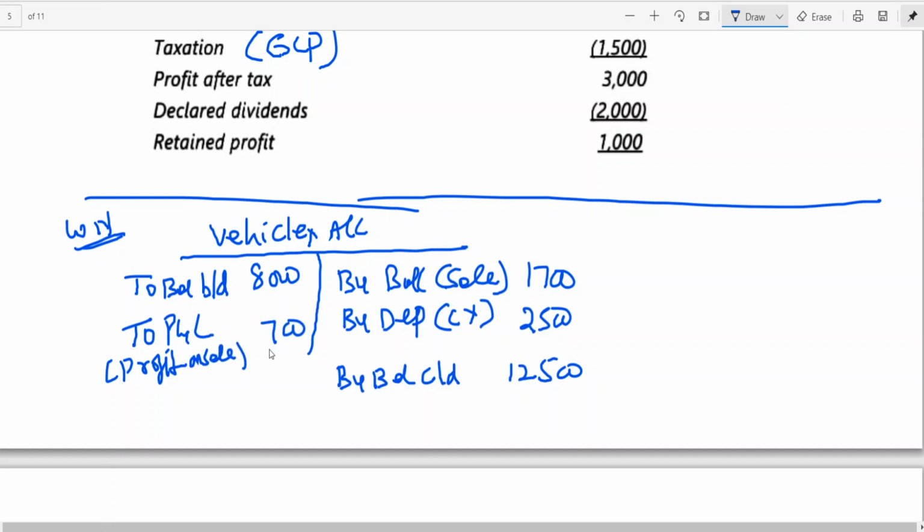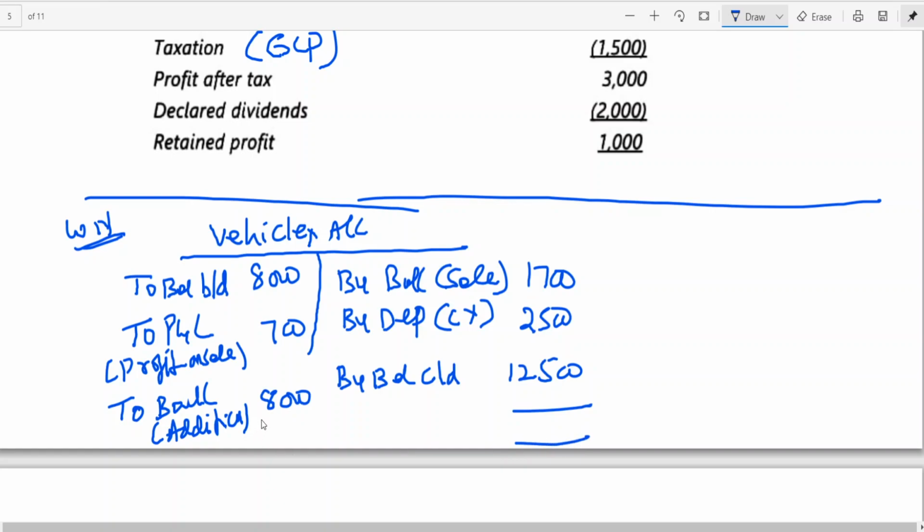Now let us see the total. 1700 plus 2500 plus 12,500 minus 8,700. Now how much are you getting? To bank, addition. That means the vehicle has been purchased. What is the amount you are having? 8,000 rupees.